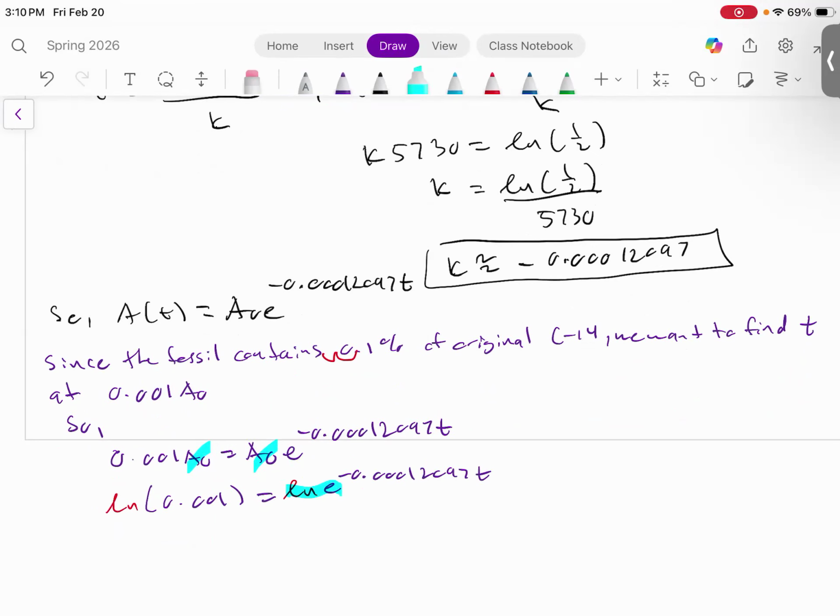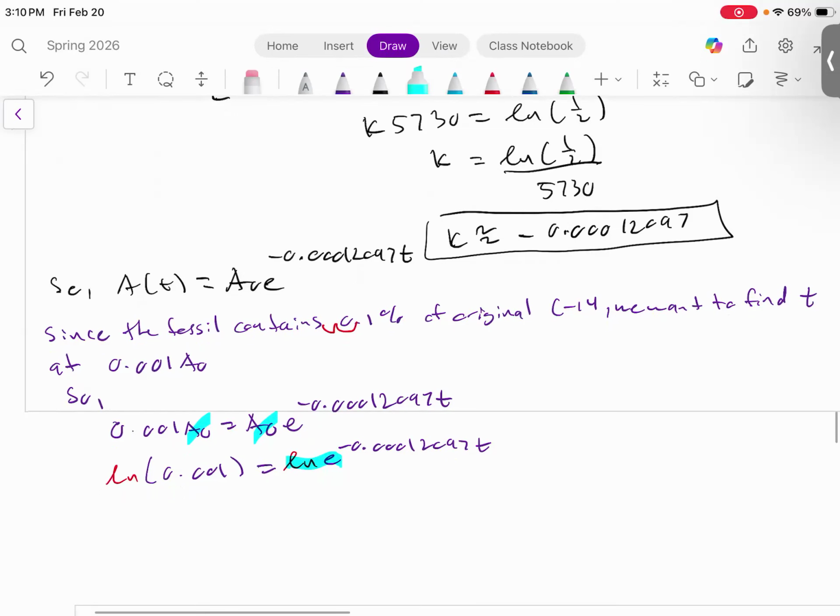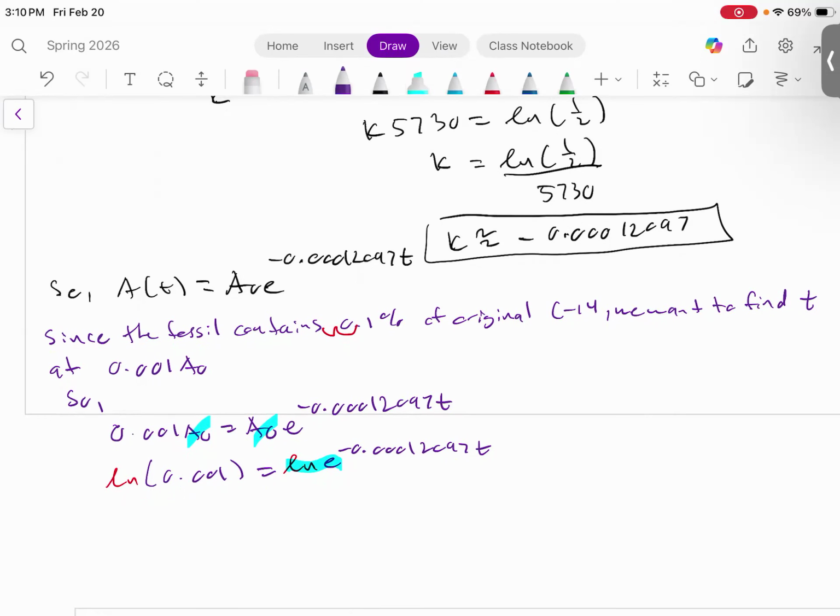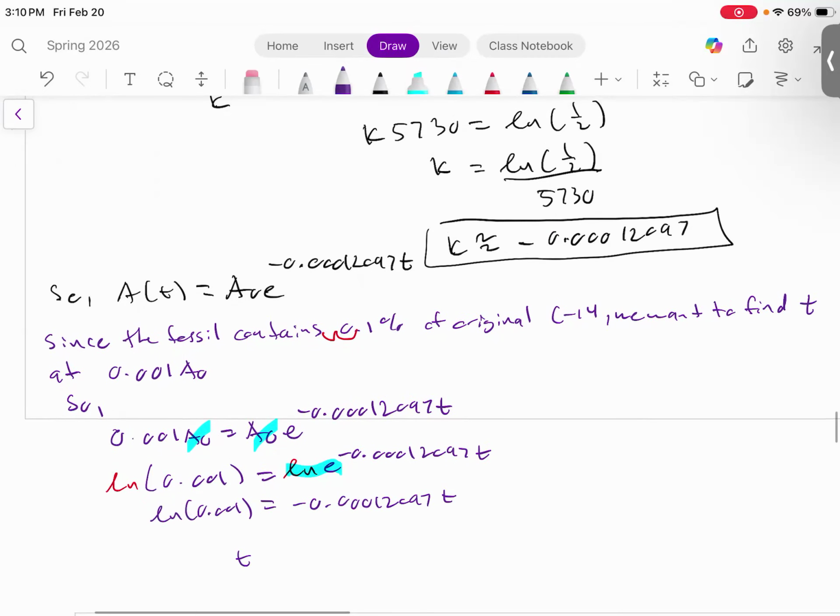The natural log and e cancel out, and we're left with negative 0.000121 t on the right and natural log of 0.001 on the left-hand side. So we're just solving for t now, and t is approximately 57,103.94.